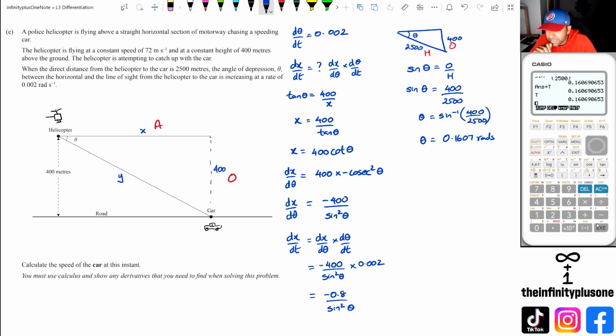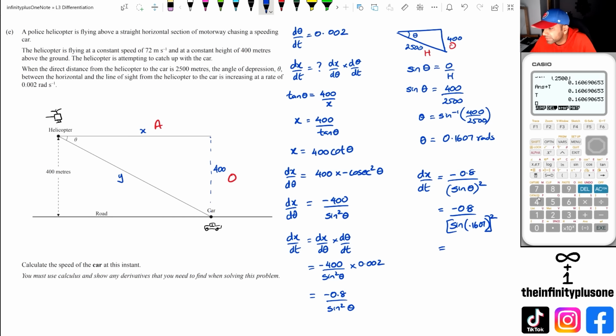So I've got my theta. Now I can actually work out what dx/dt is. dx/dt is equal to negative 0.8 divided by sine squared θ. So I've got negative 0.8 divided by sine of 0.1607 squared.